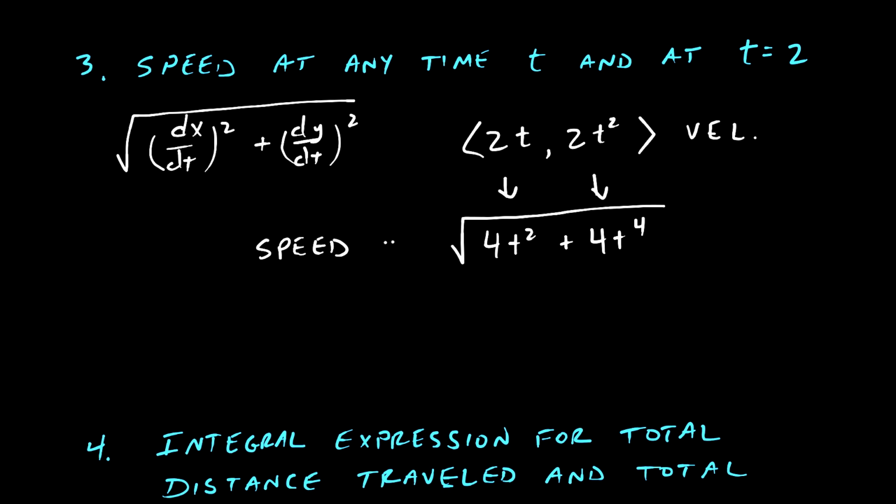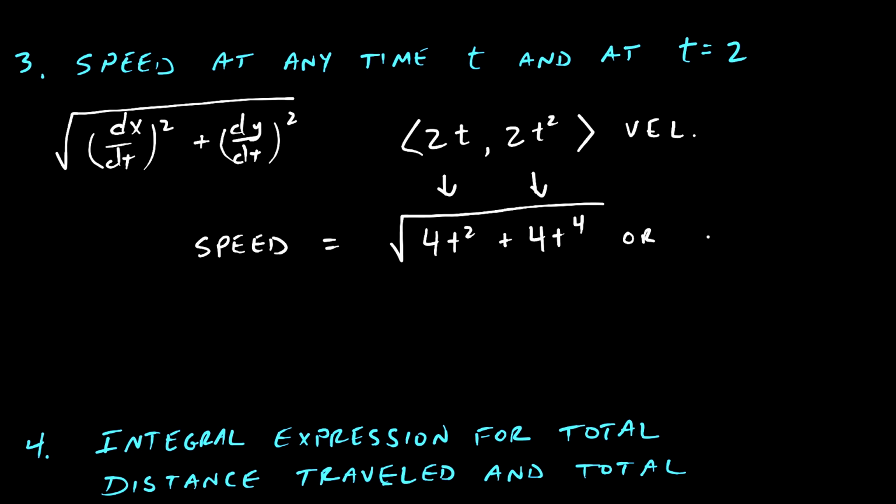I like to take the velocity vector, square each, add them, and just put the rest of those math decorations around it for a final answer. And yes, we could simplify this a little bit if we really wanted to. Sometimes that'll be easier for some things we're going to do later on. Notice that a 4t squared can be factored out to leave us with 1 plus t squared, and that would all be in a square root.